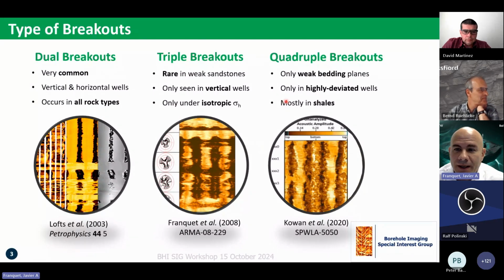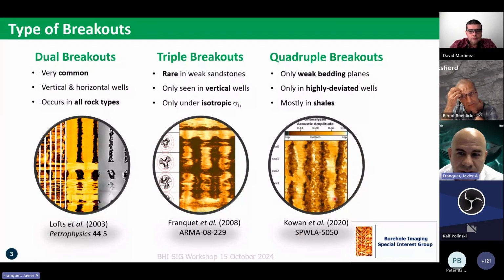Now moving into the quad breakouts, there is a lot of work on this from Solvac and Julie Cohen, especially in the Marcellus shales. These happen in a particular rock type: you need weak bedding planes, so an anisotropic rock with a weakness on a particular plane, typically laminations that are horizontal in shale-type rocks.